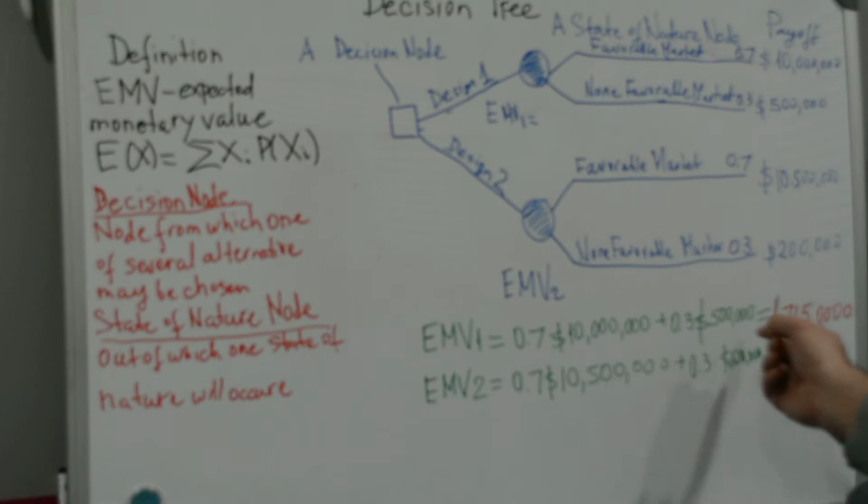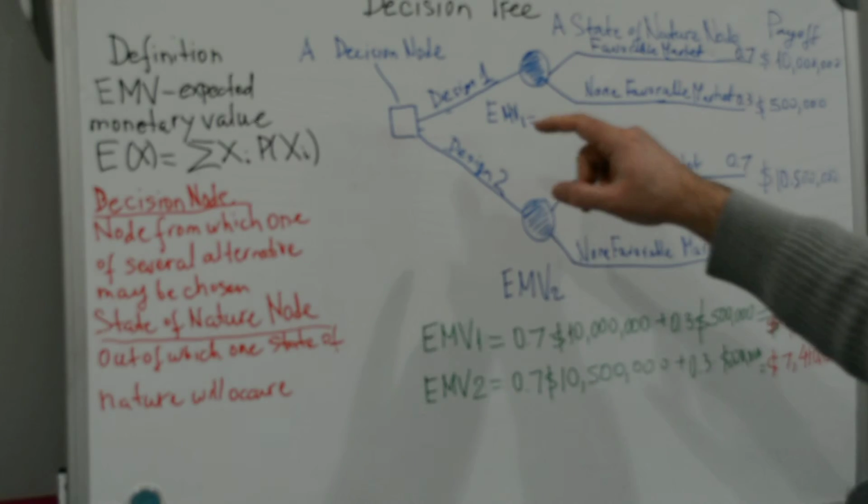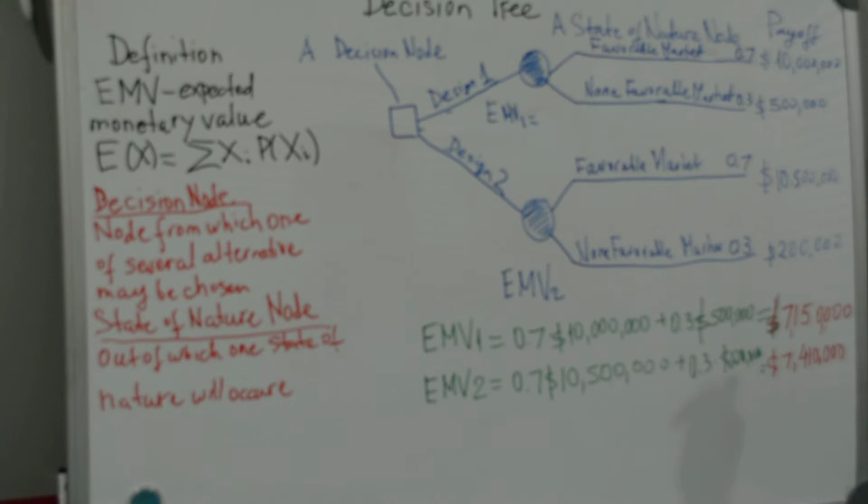So it's a weighted average of the two outcomes. So payoff for the favorable market for design 1 is $10 million, and for non-favorable market is $500,000. So the respective probabilities of favorable and non-favorable are 0.7 and 0.3.